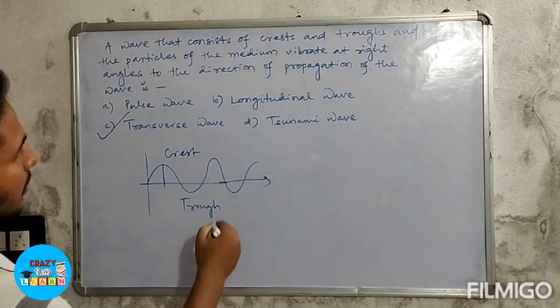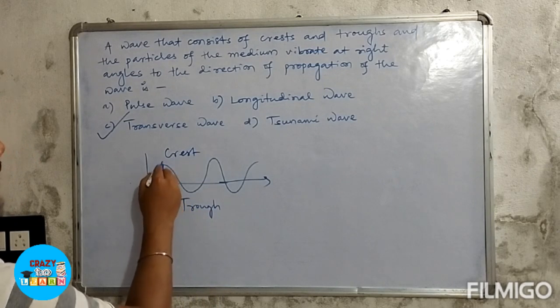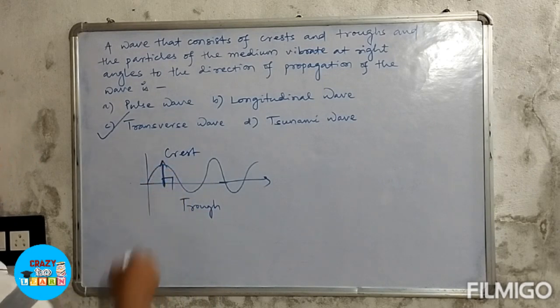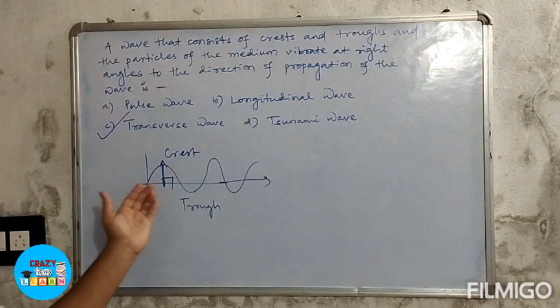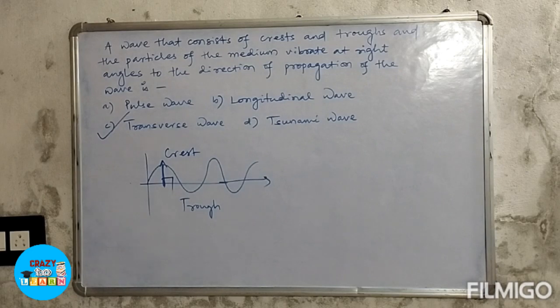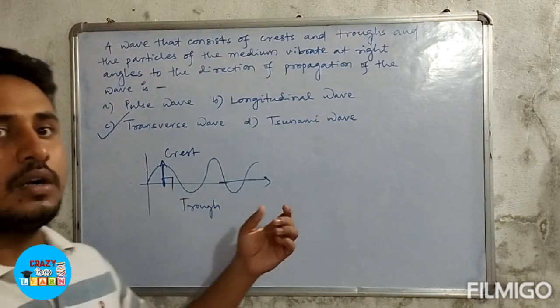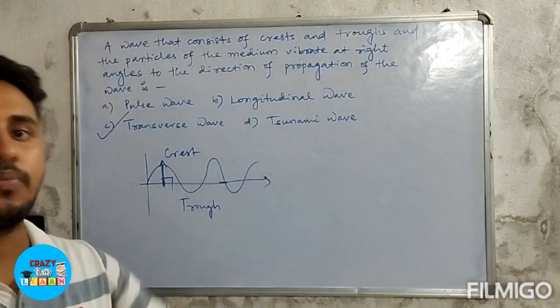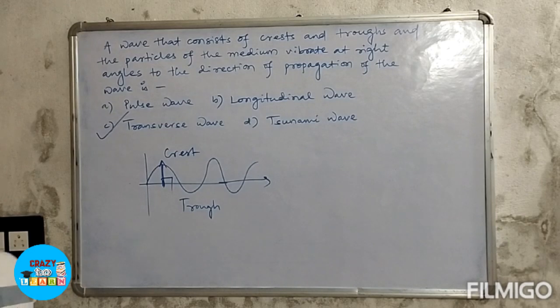This is the direction of the propagation, and the particle will vibrate along this direction, at right angles. So it is the characteristic property of the transverse wave. And when the particles vibrate along the direction of propagation of the wave, then it is the longitudinal wave. Clear?